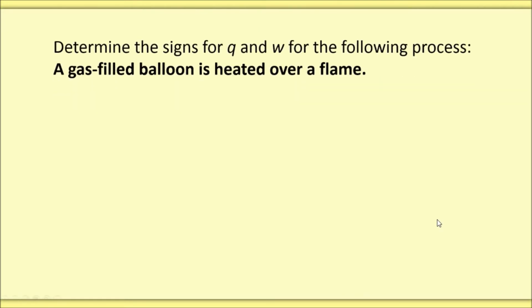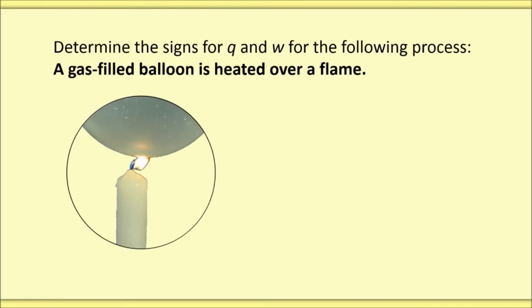Okay, so let's look at a specific example. We're going to go back to our balloon that we had in the previous video, and now we're going to look at this from the perspective of work and heat. If we have a gas-filled balloon held over a flame, we can see that the heat from the flame is going to go into the balloon. So heat is coming from the flame and going into the balloon.